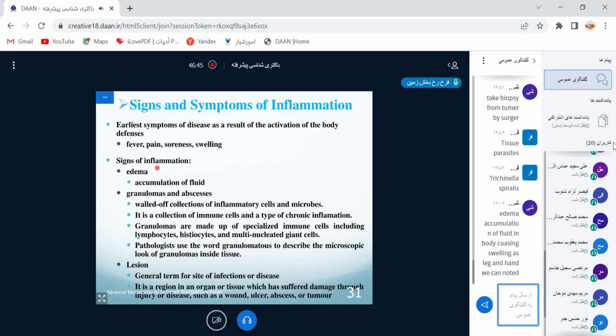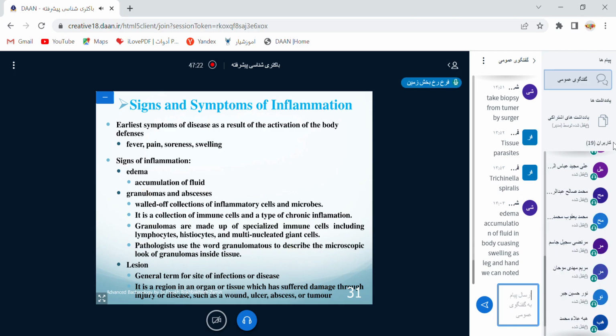Signs of inflammation. Sometimes during the inflammation there is edema. What is edema? Edema is accumulation of body fluid in one place of the body. Sometimes it can be in our foot, sometimes in our hand or in any place, according to the position of presence of bacteria.